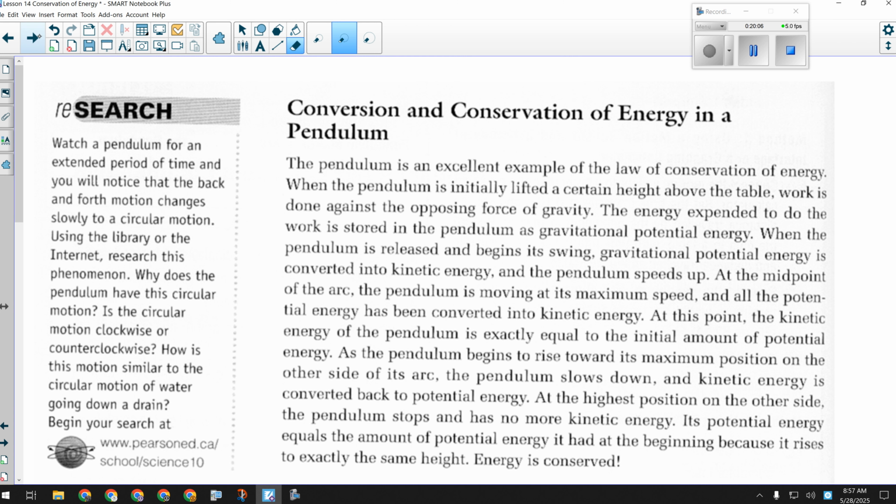Here, I don't know, let's just say it's 12.5 potential and 12.5 kinetic. It probably isn't, but we'll say that's what it is. Everywhere it goes, that number is going to add up to 25. EI equals EF. Anywhere along the arc, the total mechanical energy is the same number, because no energy is being lost, no work is being done. I'm not doing anything to this anymore. Everyone all right with that idea?